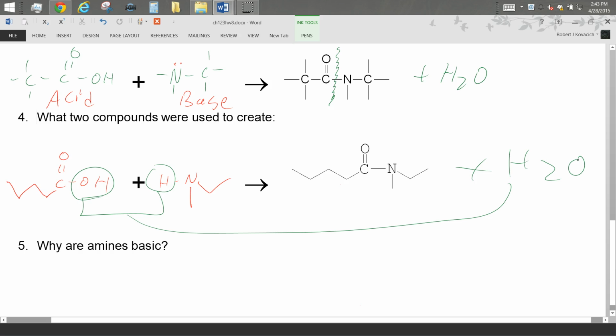So as long as you're looking at the molecule and find the carbon-nitrogen bond and just bust it in half, you just put an OH on the carbonyl side and an H on the nitrogen side, and that's the end of it. That's how the amides are made.